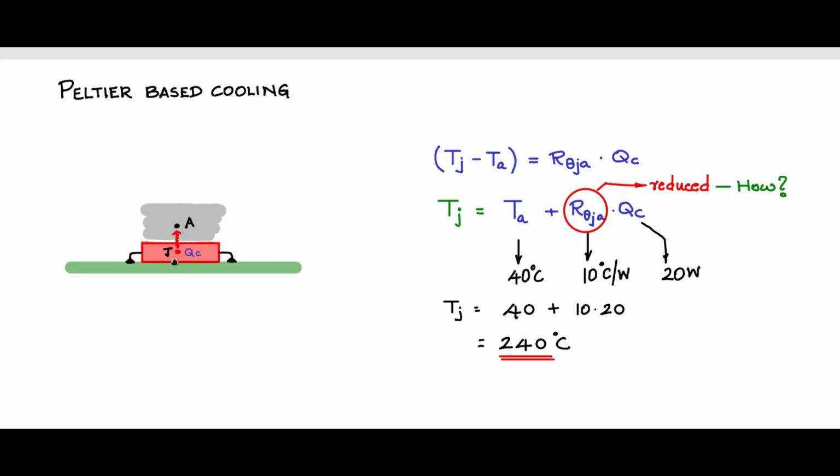Let us zoom in here, let us magnify this and look at the thermal resistance. So we have the component placed on the PCB, magnified, and we have the core where the heat is dissipated, and from that core we have a thermal resistance up to the case, and that is R theta junction to case.